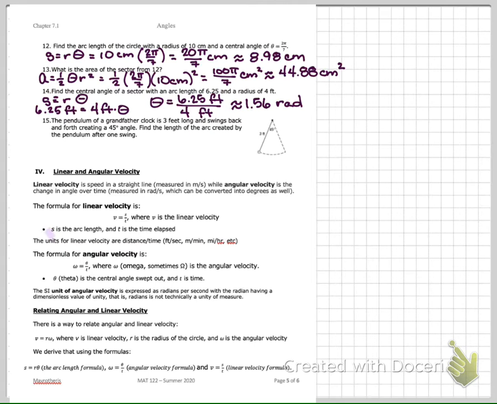15. We're going to use some of this information here. It says find the length of the arc. So again, we're looking for arc length. Here's our arc length formula. S equals r times theta. Our r is the 3 feet long.